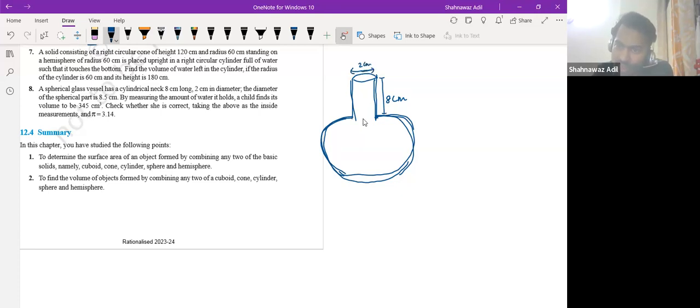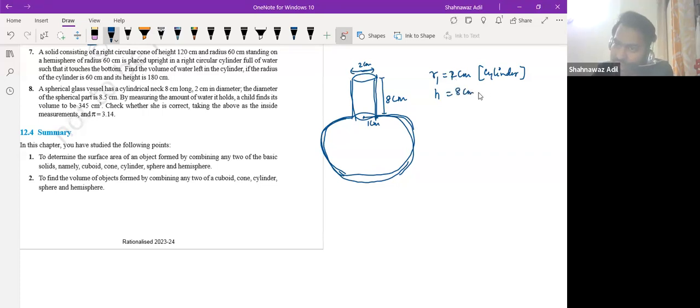So then this radius would be how much? This radius is 1 centimeter. So let's say R1. This is 2 centimeter. This is the cylinder, and then we have height, which is 8 centimeter.